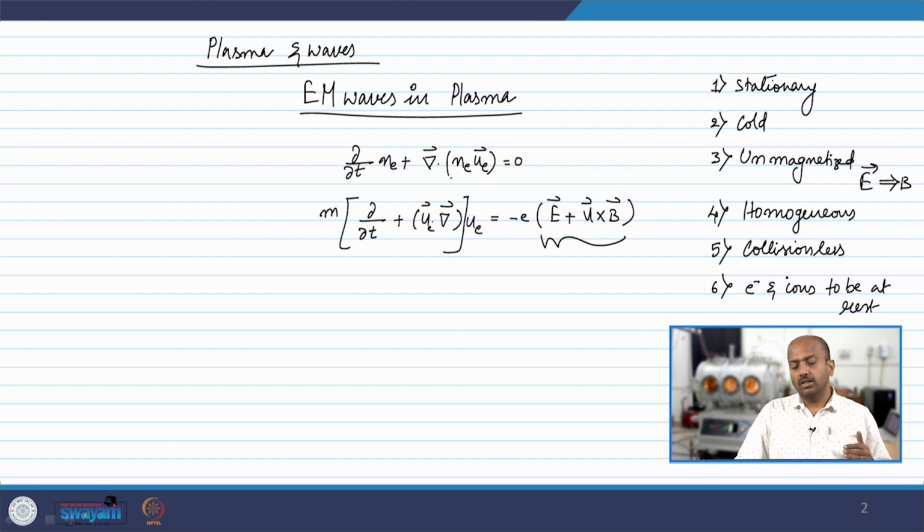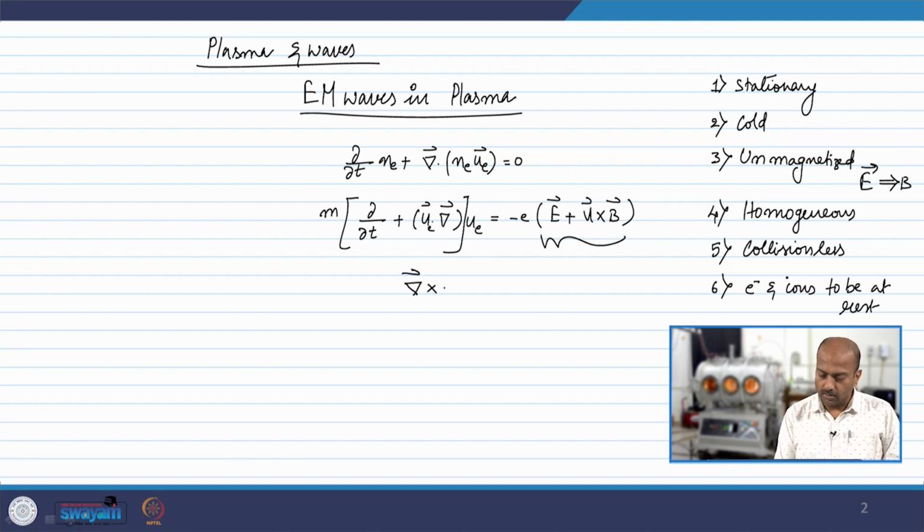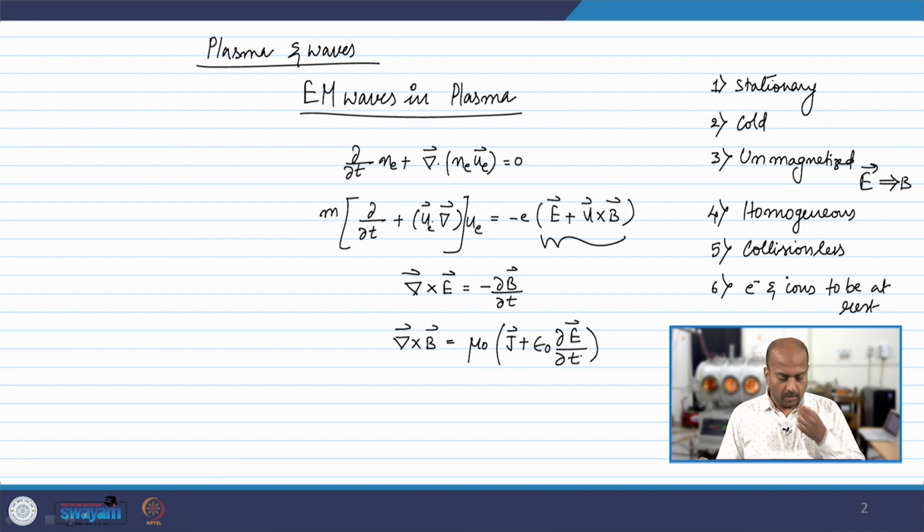Now that we are considering the propagation of electromagnetic waves inside the plasma, we should also use the Maxwell equations in combination with these equations. The Maxwell equations relevant for this discussion are ∇×E = -∂B/∂t and ∇×B = μ₀J + ε₀ ∂E/∂t.